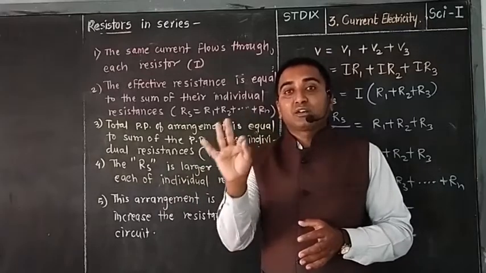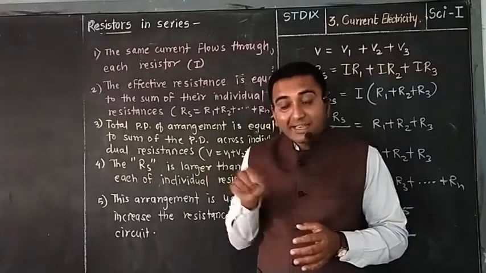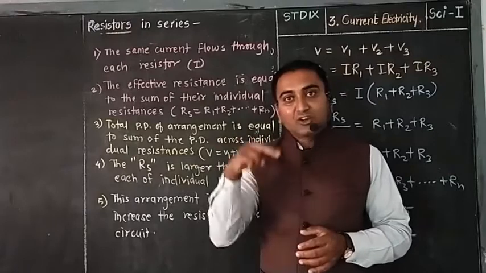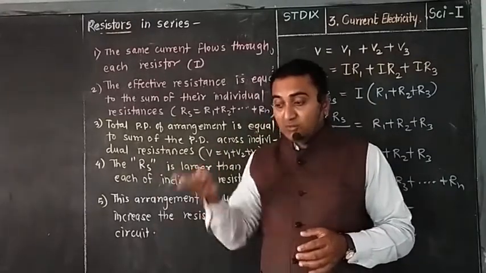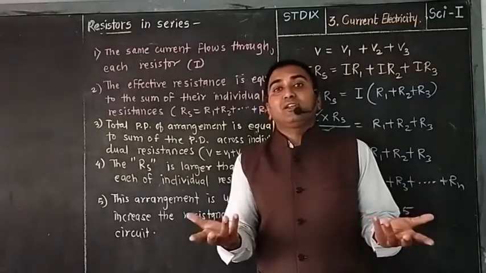Take 5 resistors of 2 ohm each, then connect them in series. So 5 connected in series of 2 ohm, that means 2 ohm plus 2 ohm plus 2 ohm plus 2 ohm plus 2 ohm. How many ohms are there? 10 ohm.